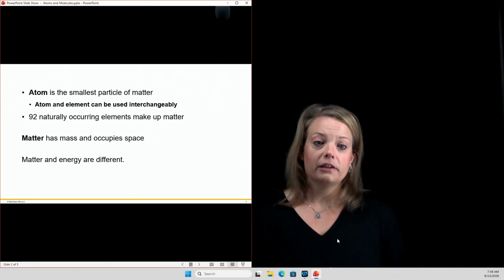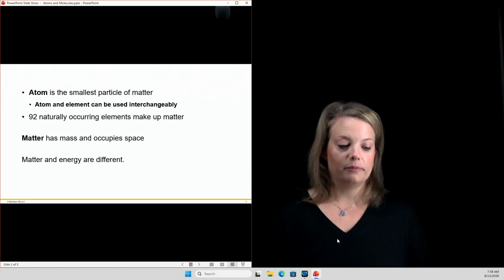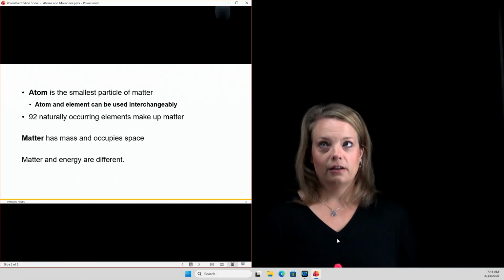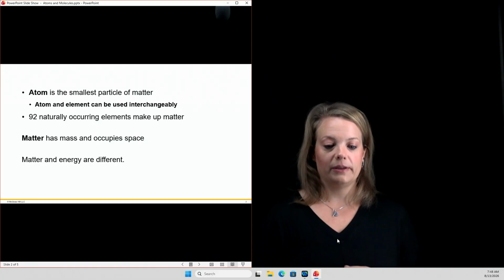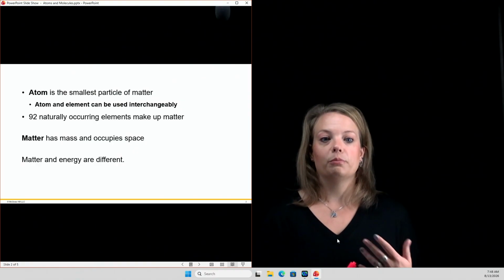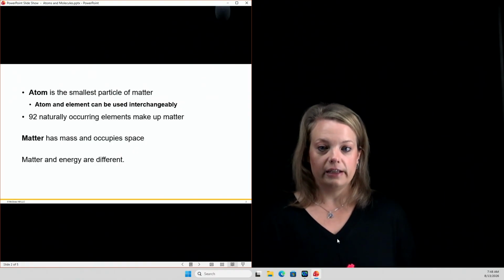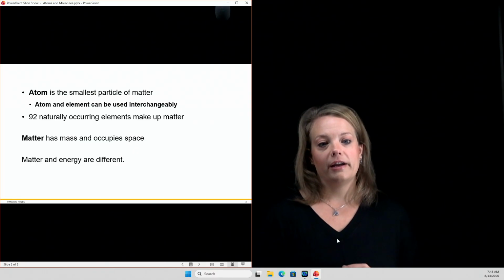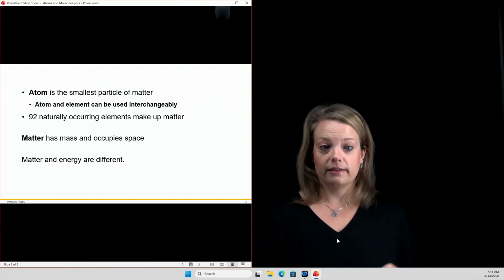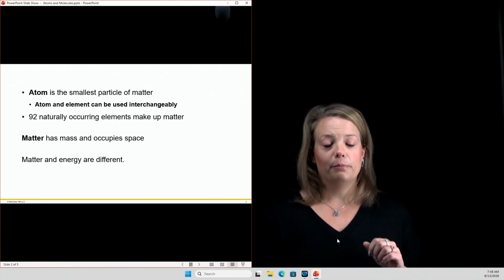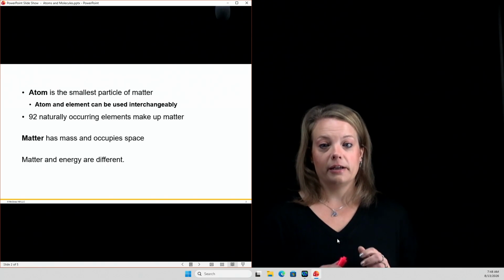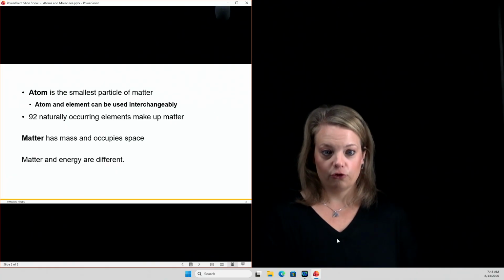We usually talk about energy as the different types or forms of energy, things like kinetic energy, potential energy, light energy, heat energy. I hear a lot of students say that ATP is energy, but really ATP is a molecule, so matter, that is capable of storing energy. So just keep that in mind.